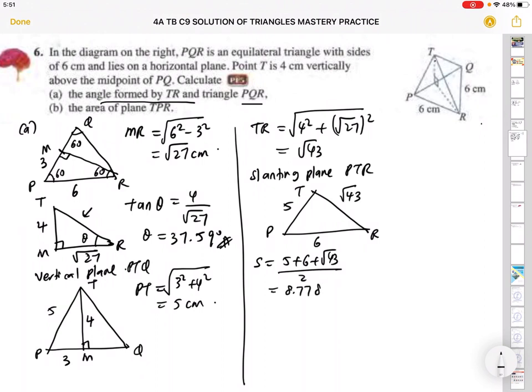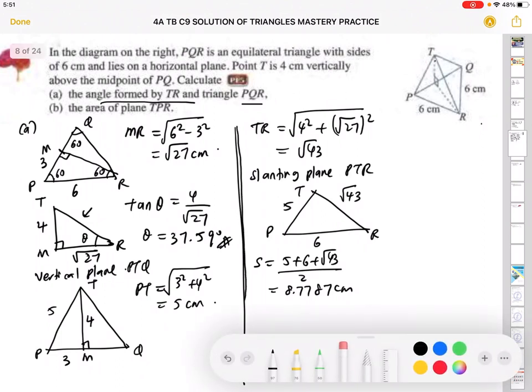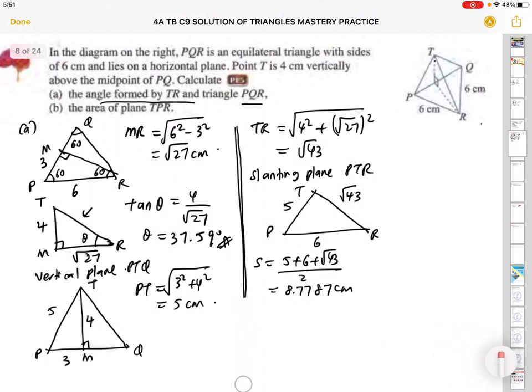Okay, here's the problem. I need a lot of space for the next one. Usually Heron's law takes up a lot of space for the area. So the formula works like this. We take your semi-perimeter, 8.7787. Sorry for those who didn't know about this.